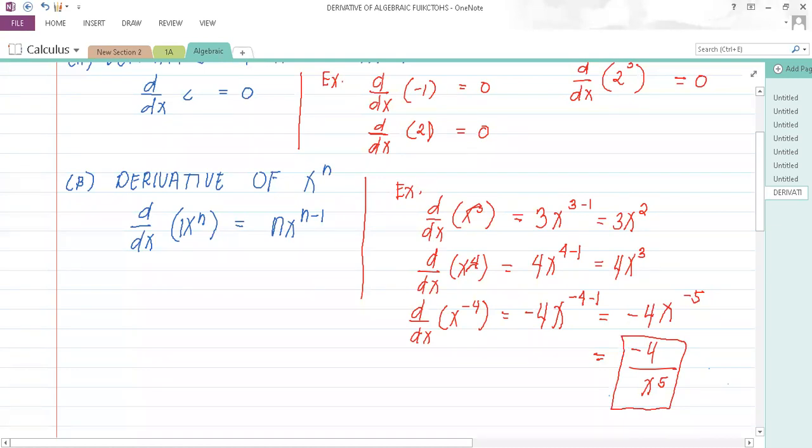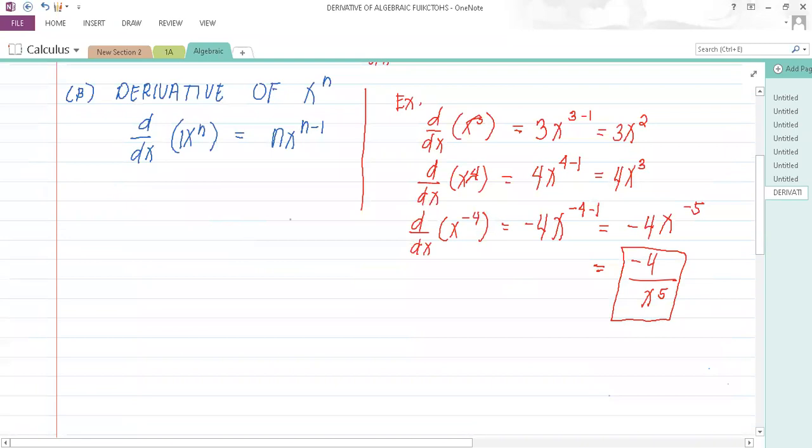Okay, so that is for the derivative of x raised to n. What if we have a coefficient? Pagka x raised to n tapos meron tayong coefficient, say we have d/dx of mx raised to n. This m will be our coefficient.